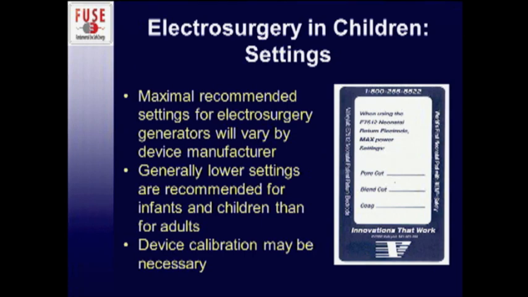This is a sticker they provide for us with our ValleyLab neonatal return electrodes. These are intended for use in preterm infants that weigh anywhere from 0.45 kilos to 2.7 kilos. So that's like 1 to 5 pounds. And their instructions say, prior to initial pad use, the electrosurgery generator should be calibrated by a qualified biomedical engineer or technician to determine the control setting that represents a maximum current level.